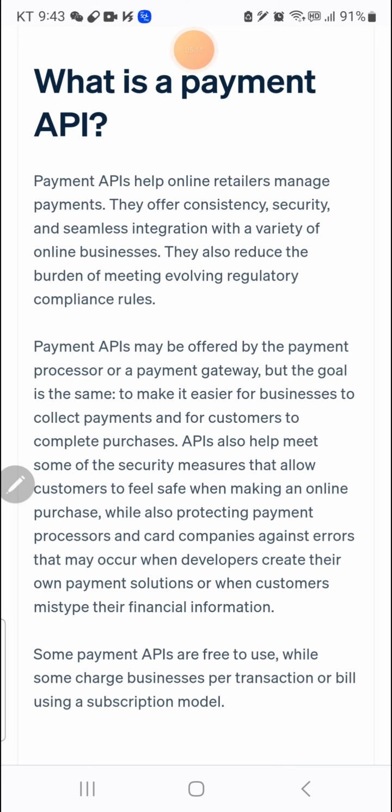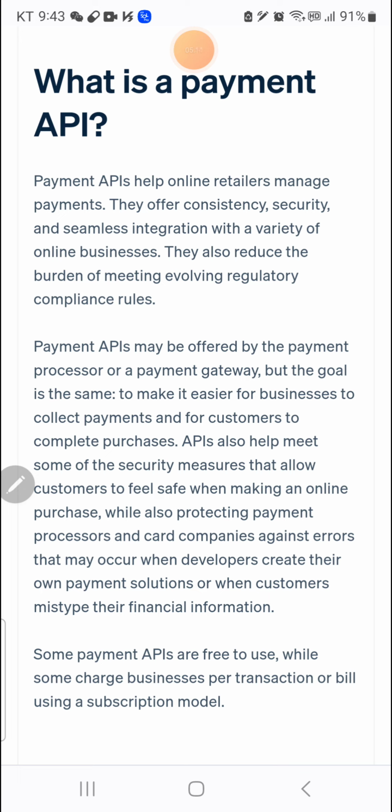APIs also help meet some of the security measures that allow customers to feel safe when making an online purchase, while also protecting payment processors and card companies against errors that may occur when developers create their own payment solutions or when customers mistype their financial information. Some payment APIs are free to use, while some charge businesses per transaction or bill using a subscription model.